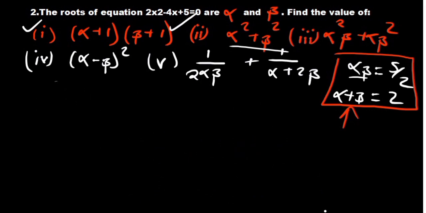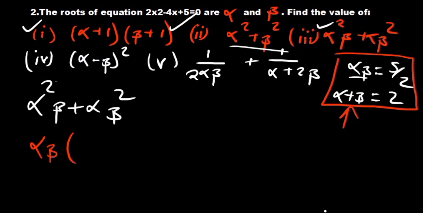Then the third part of the question, what is it saying? For the third part, we've been given alpha squared beta plus alpha beta squared. Remember, our goal is to make sure that we express it in the form of the product of alpha and beta as well as the summation. In this case, we have some of the things that are common there. We have alpha and beta. We can factorize.